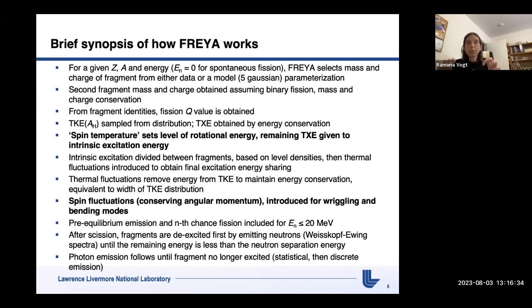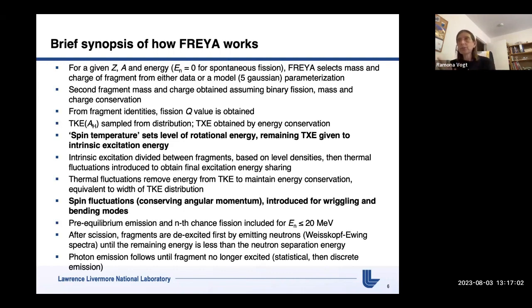And that's really divided between, I said the fragments were hot, they're also rotating. So there's the rotational energy of the fragment that's spinning around, and also its intrinsic excitation energy. And it's kind of separable, like Nathan mentioned yesterday, that typically the neutrons come off first, and then photons.